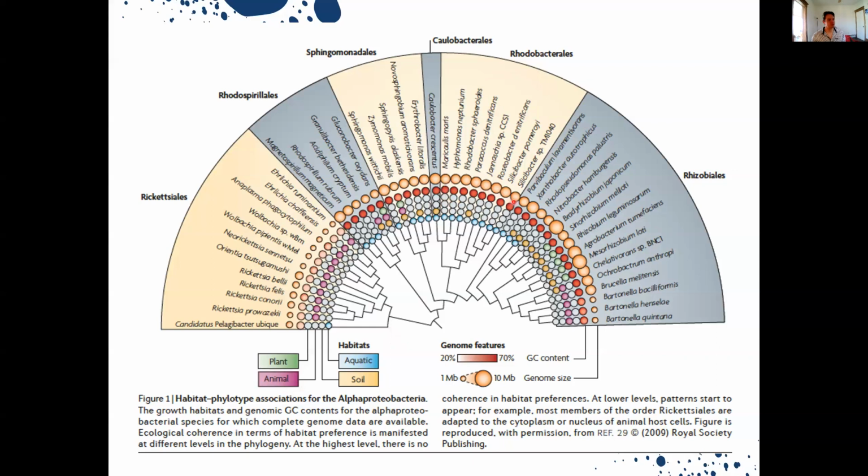You can see that with the larger dots. They have a high GC content, which gives you that blood red color over there. And they almost live exclusively in aquatic environments, shown by the blue over there. So it gives you a very nice breakdown of the habitat of the organism, its guanine cytosine content, and how large its genome size is.